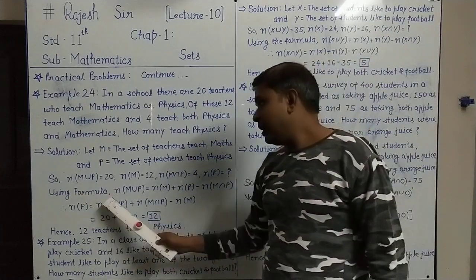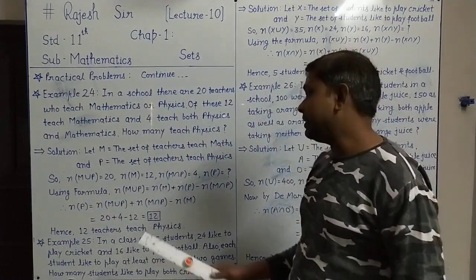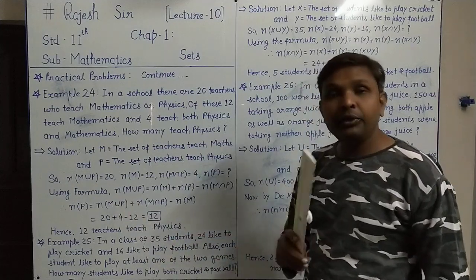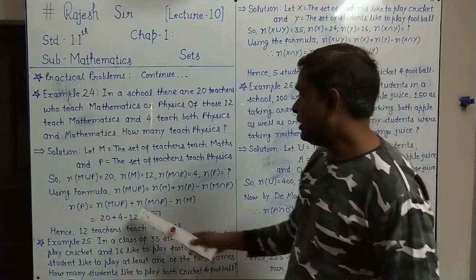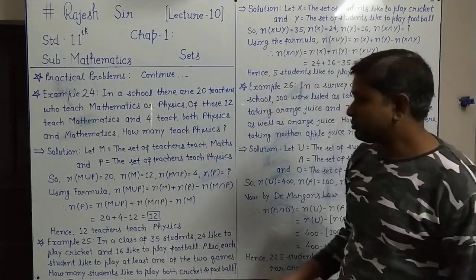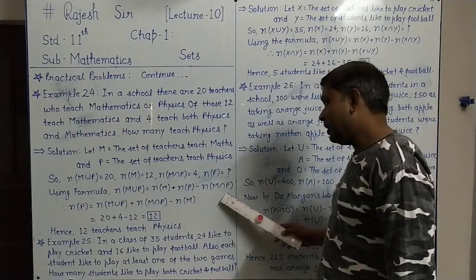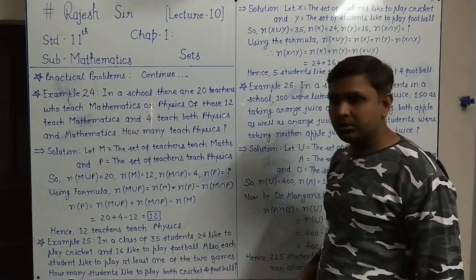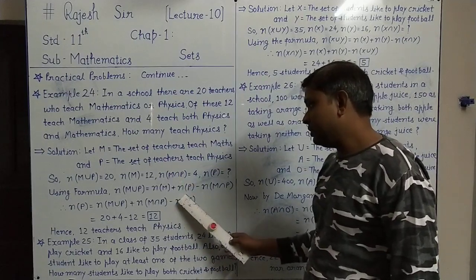Using the formula that we derived in the last lecture, n(A union B) equals n(A) plus n(B) minus n(A intersection B). So n(M union P) equals n(M) plus n(P) minus n(M intersection P). In this we want n(P), so n(P) will be here only.